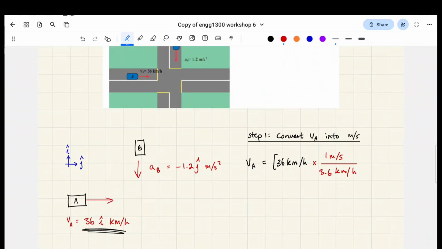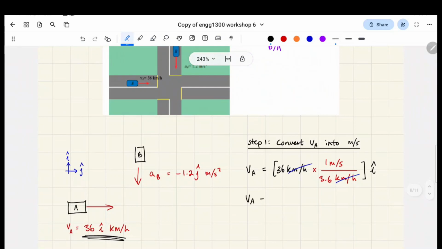So you're definitely going to be dividing by 3.6 in that case, which is what we're doing for 36 kilometers per hour. And with this maths, this is how the units cancel out as well, so you're left with just meters per second. And that's all happening in the I direction.